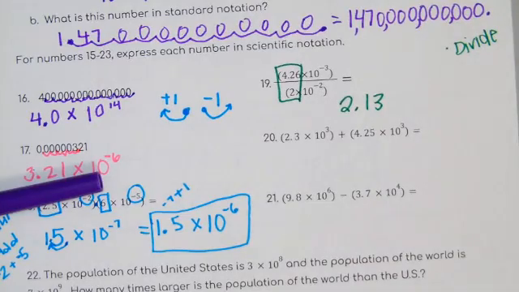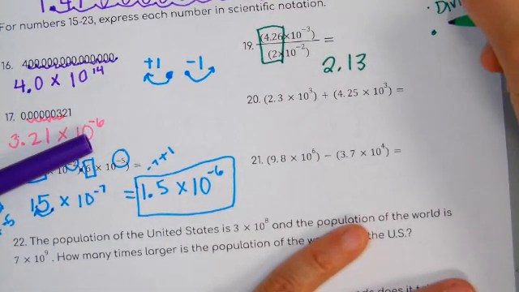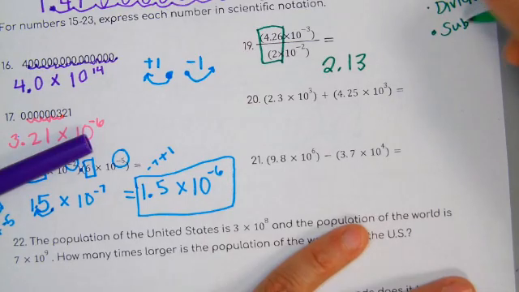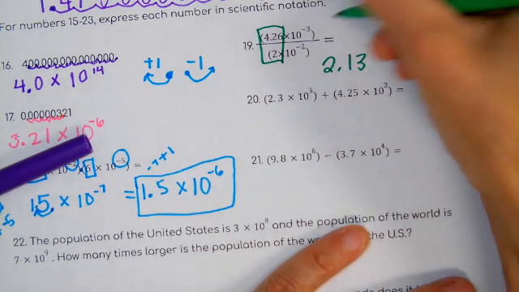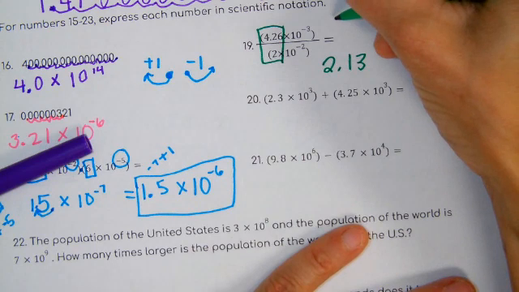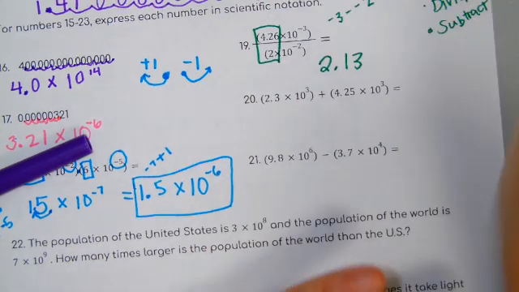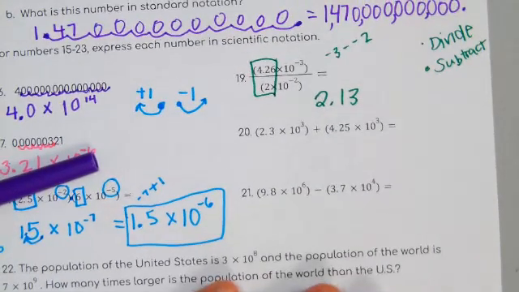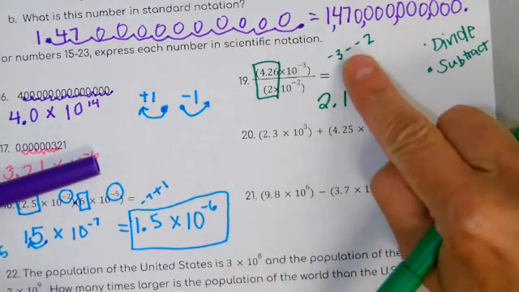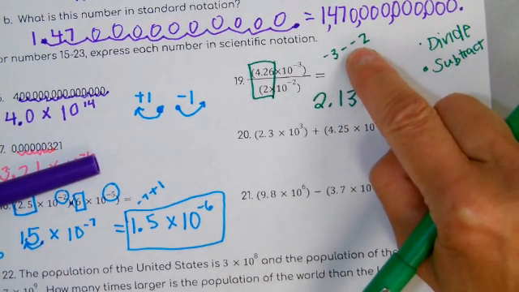Sorry, bell ringing here. Okay, and then we subtract our bases. Or not our bases, our exponents. So we're going to subtract -3 minus -2. Again, if you know your integers very well, you know that minus negative really means add.